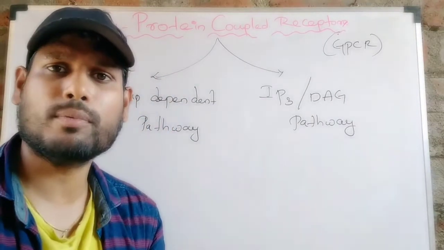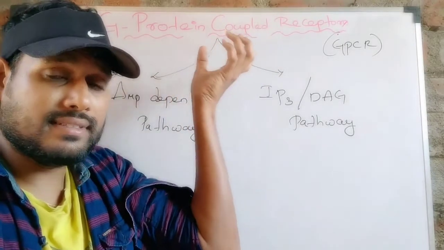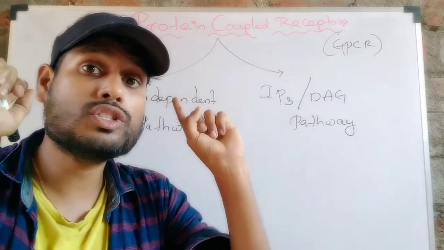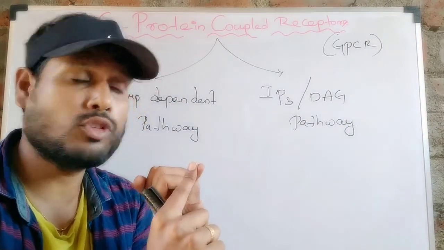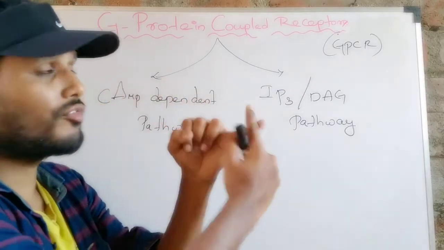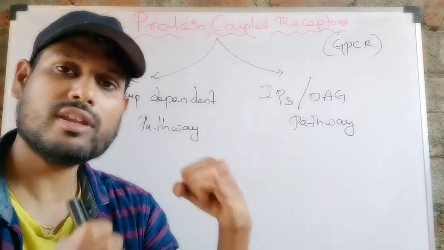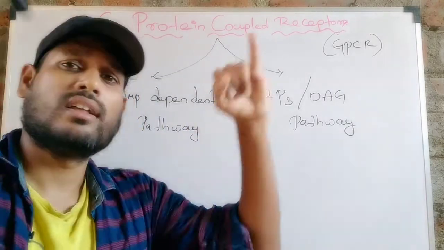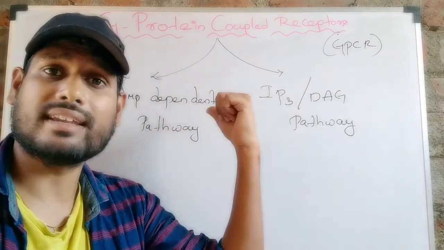What is the biological response? Whenever this GPCR gets activated, it finally makes a biological response. It will regulate the immune system. One of the major functions of GPCR is regulating the immune system. Whenever you need white blood cells or any kind of defending cells, these pathways get activated.